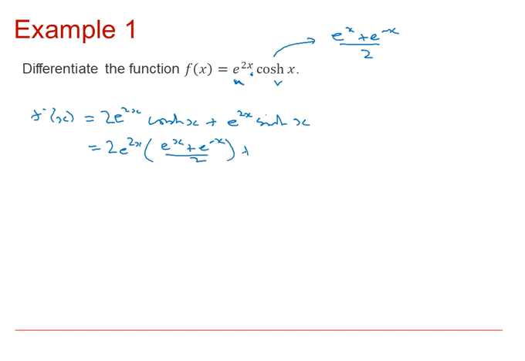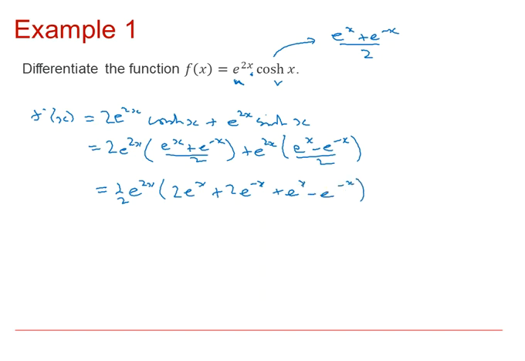Now if I go to the definition of cosh x and the definition of sinh x, we can start to simplify this. So I'm going to pull out a common factor of a half e to the 2x, and we should have then 2e to the x plus 2e to the minus x plus e to the x minus e to the minus x.